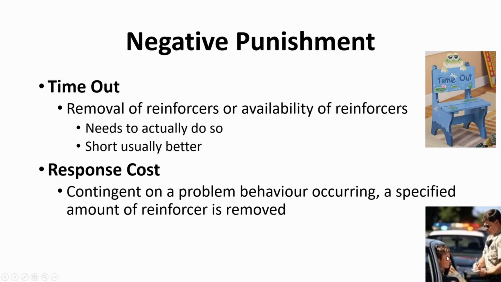So we can have something like speeding tickets. So if you do the problem behavior, if you go too fast, then you lose money. So it makes it a lot more costly to do that bad behavior and should lead to that behavior occurring less and less. So getting a speeding ticket should reduce the amount of speeding that people do.